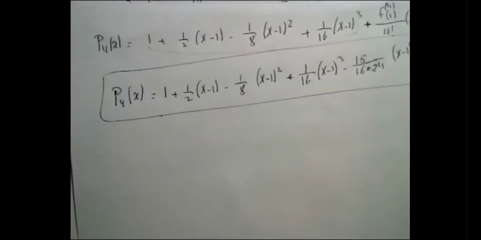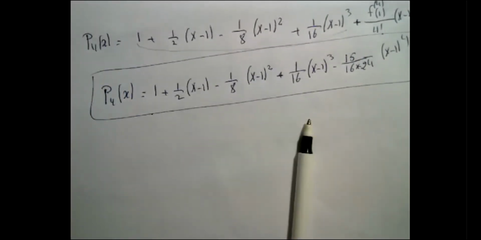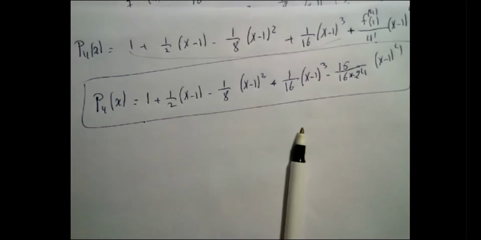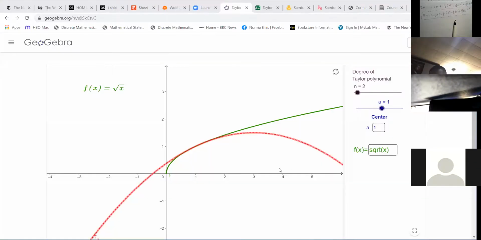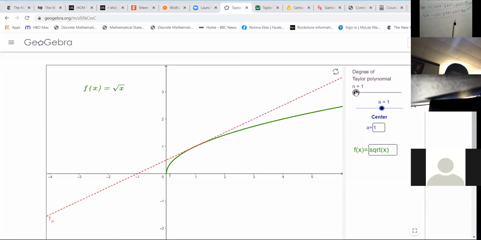So before we move on, let me share the screen with you, and again see what's happening graphically. Okay, so graphically, the green is the function. The 1st degree is nothing more than the tangent line.